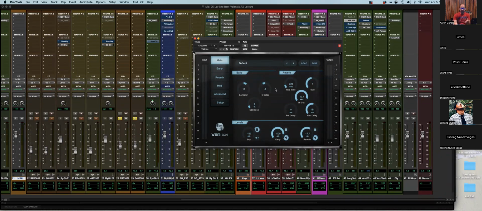Or in the case of the example we just did, what if I take that guitar and I have that delay and I send both of those as is, with that panning information, to a stereo aux, and I put a reverb on that aux, and that reverb is a mono to stereo?